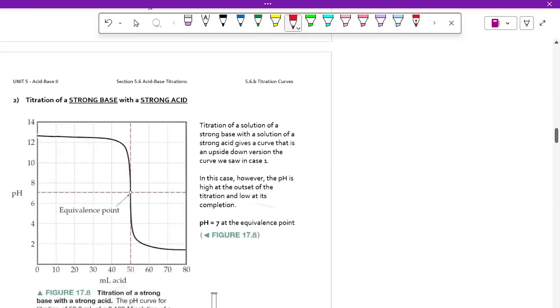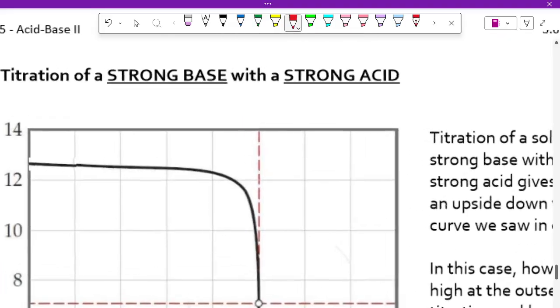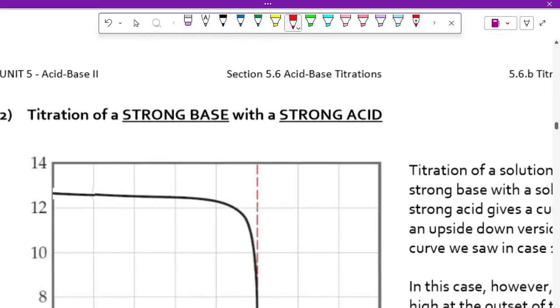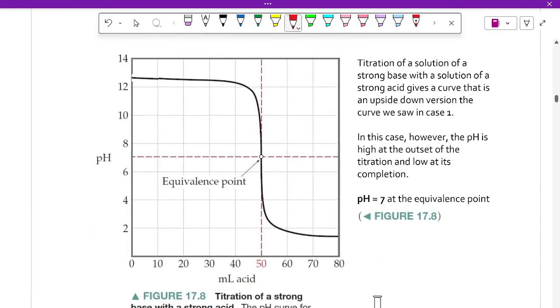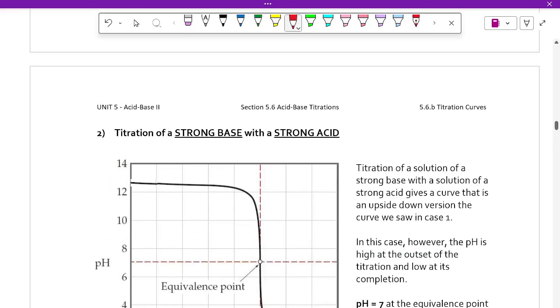Let's take a look at the titration of a strong base with a strong acid. So what is going to be different about this setup when we are titrating the base with the strong acid? If we say we're titrating something with something else, which one is the sample and which one is the titrant?